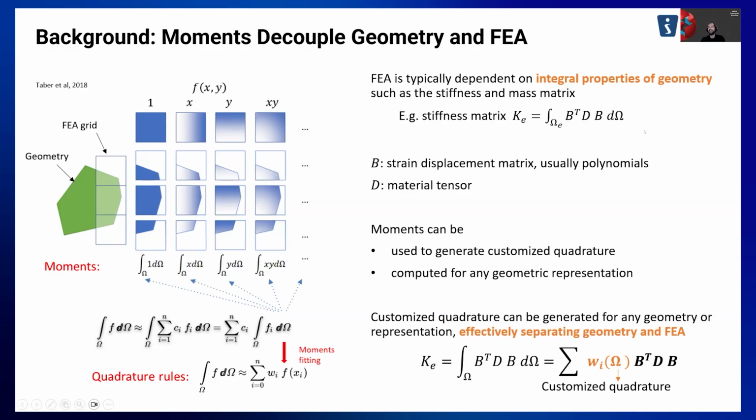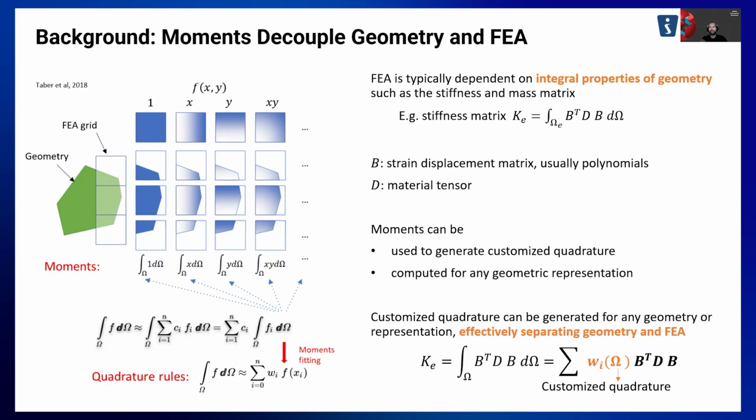For example, if you have the stiffness matrix, all you need is to integrate the stiffness matrix, and if you want to integrate, you just need quadrature points, right? So this framework allows users to separate geometry and FEA. They don't have to live together in the same representation. They can live separate lives, and then they can talk to each other through these quadrature rules.